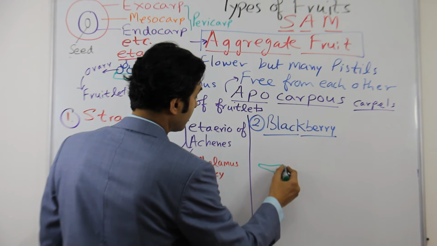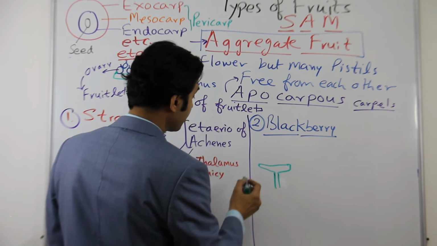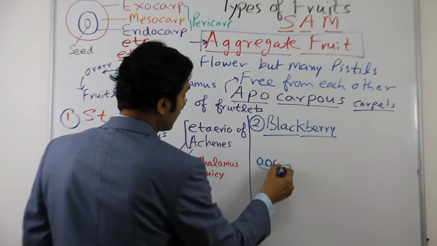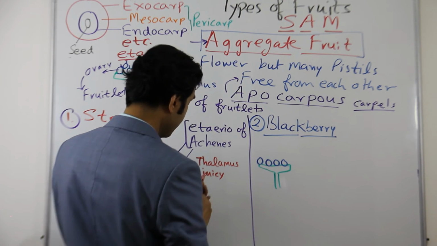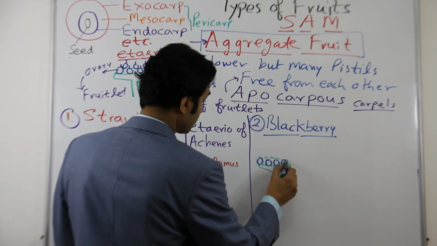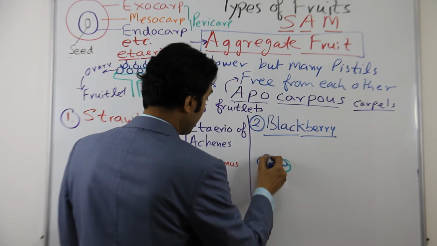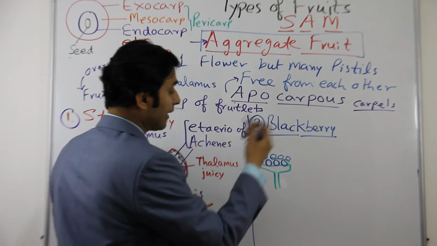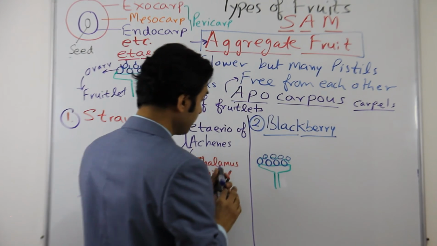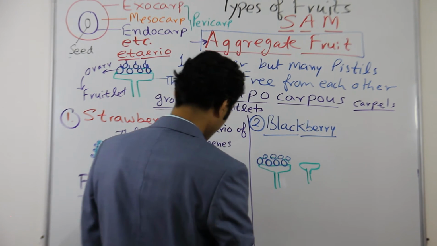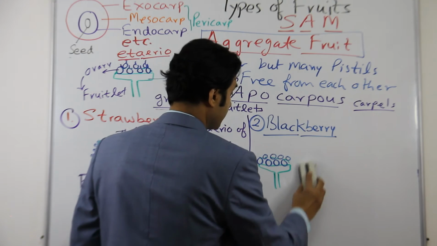This is the thalamus, like this, and you can see these are multiple ovaries, and they are free, apocarpous, and after fertilization what will happen is that they will change into drupes.